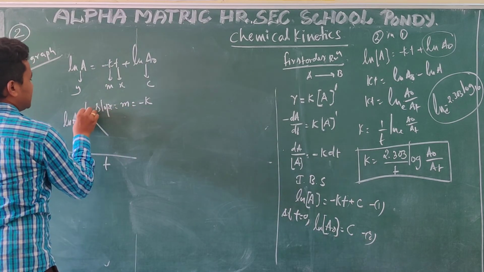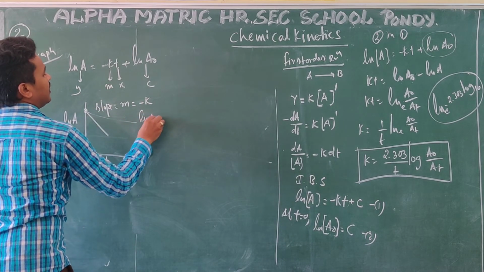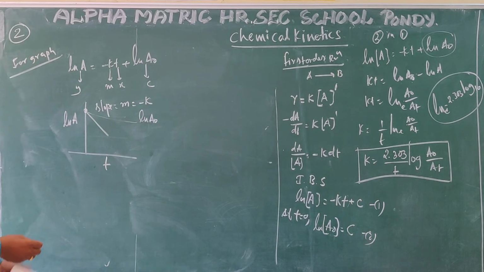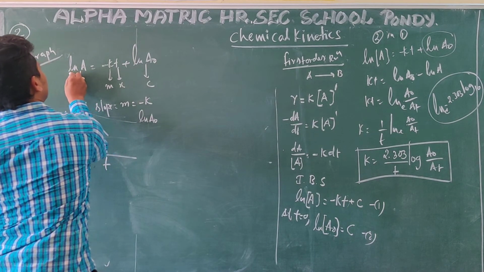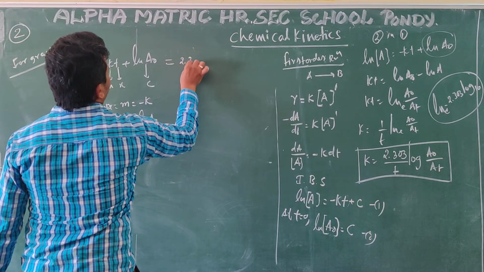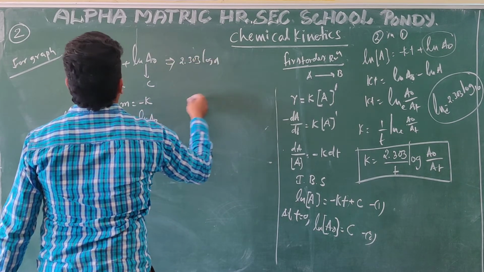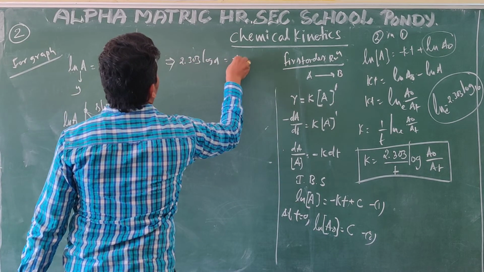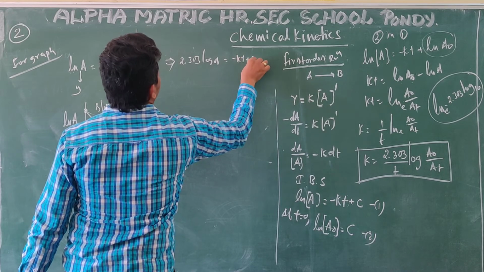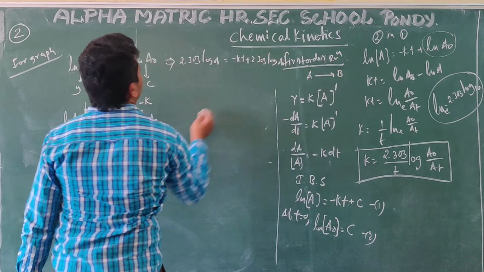What is the c? C means intercept. What is the c value here? Ln A naught. No sir, I am going to write in terms of log. Log means 2.303. How can you write the same thing? 2.303 log A is equal to minus kt plus 2.303 log A naught.